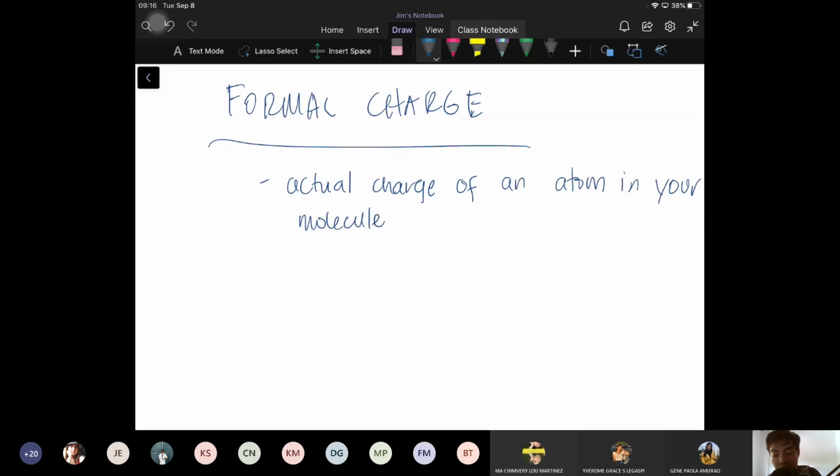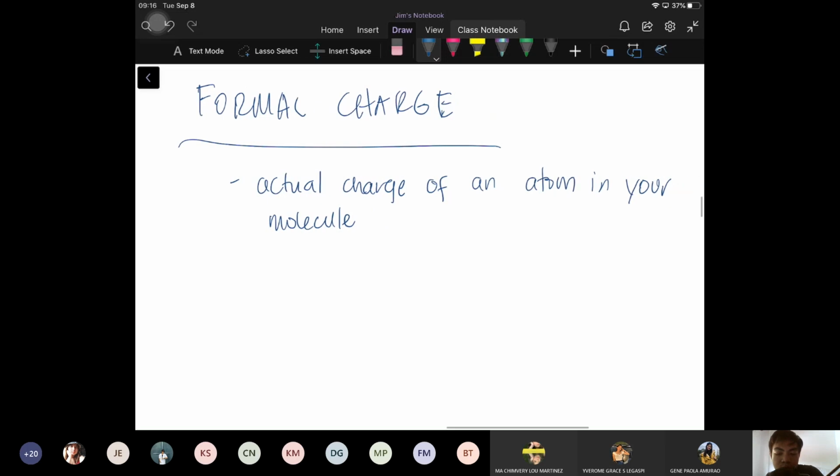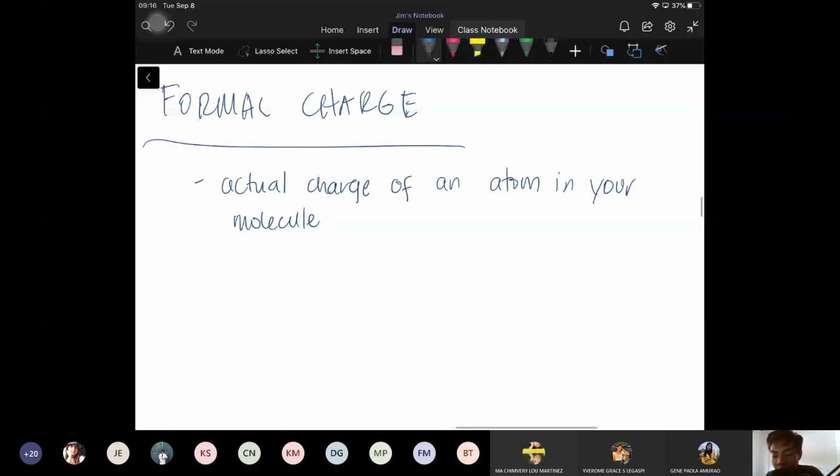So that means you are actually obtaining the charge of the atoms in your molecule. So when you add all the formal charges, that corresponds to the charge of the whole molecule. Okay. So question is, how do you solve for the formal charge?